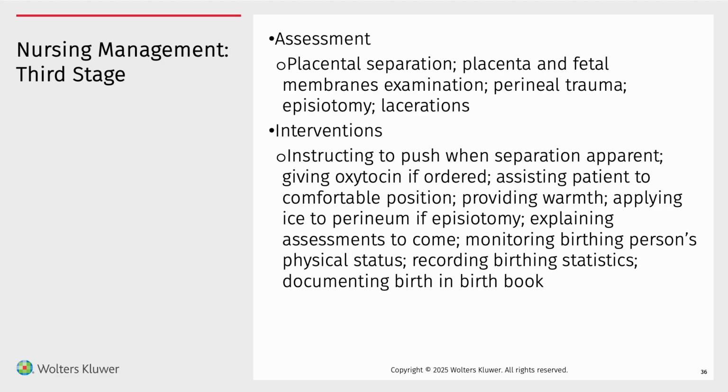Examine the placenta and fetal membrane after delivery to ensure that they are complete. Retained fragments can cause postpartum hemorrhage or an infection, so you want to be thorough. Inspect the perineum area for trauma, including episiotomy or laceration, which requires prompt assessment and care.